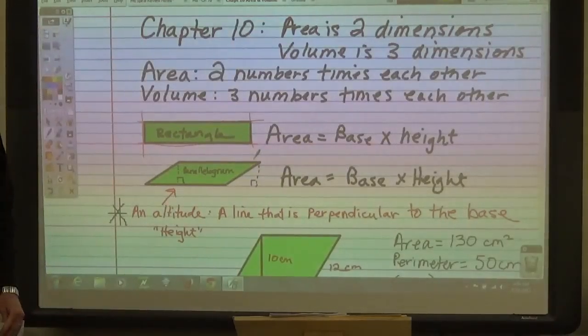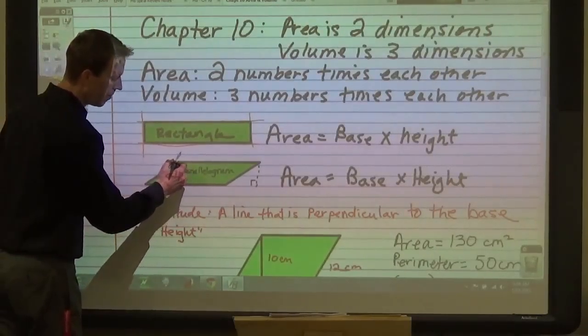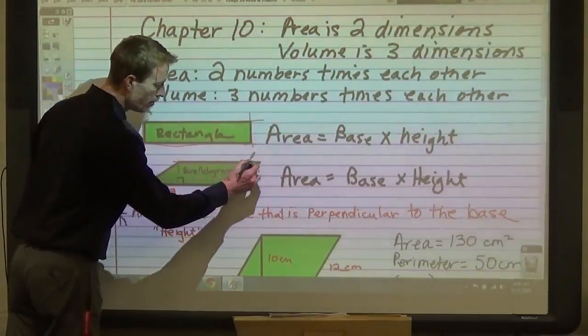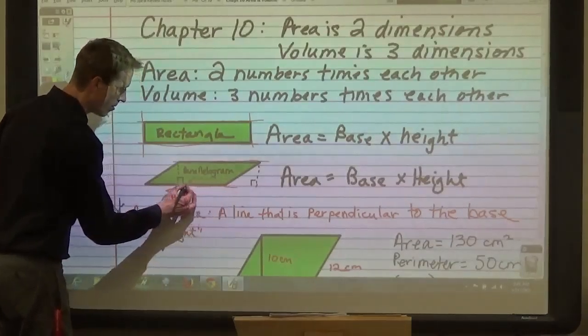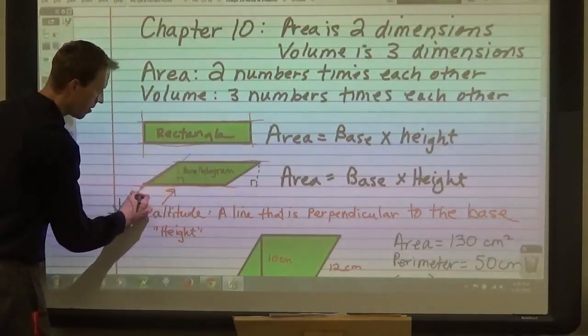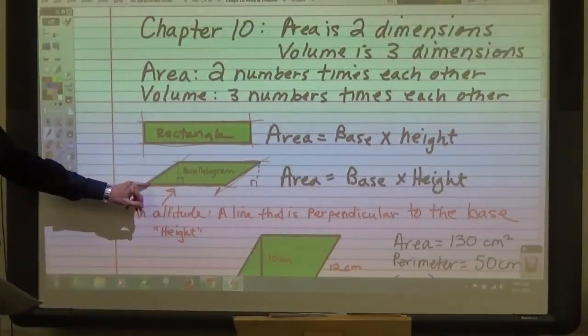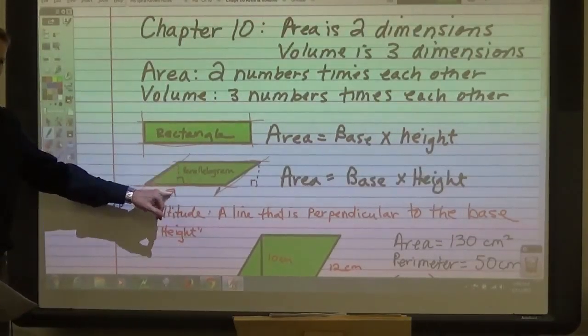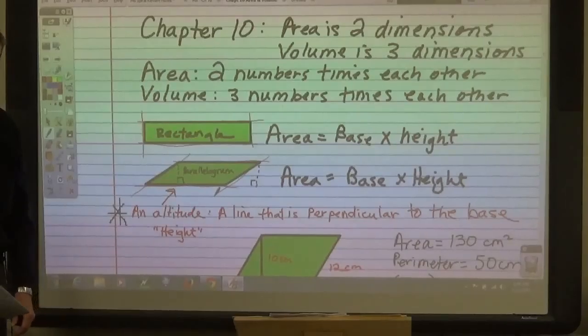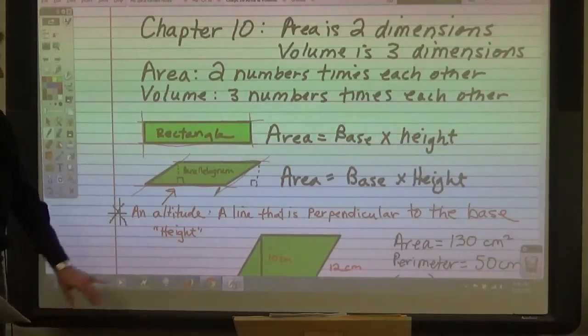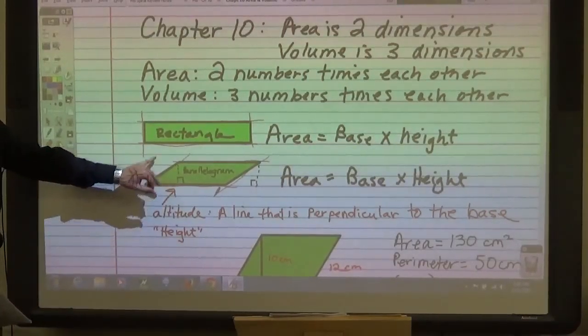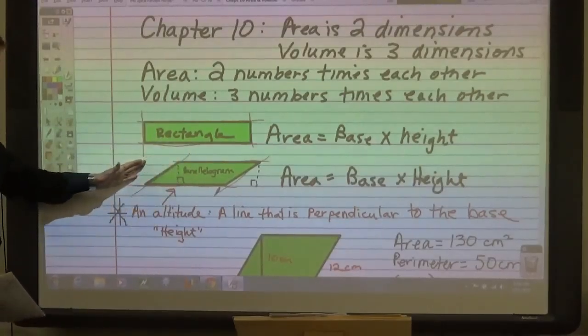So that's a parallelogram. Right? This is also a parallelogram. The top and the bottom are parallel, and the sides are parallel, but they're not perpendicular to the other side. Are they? It's still a parallelogram, but it's this rectangle and it's slanted, isn't it?